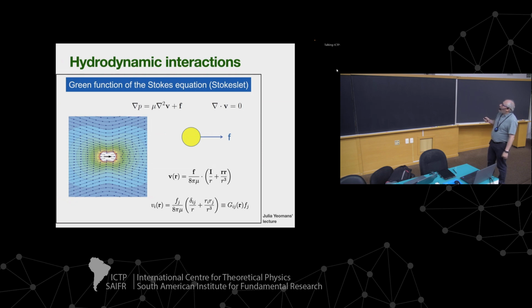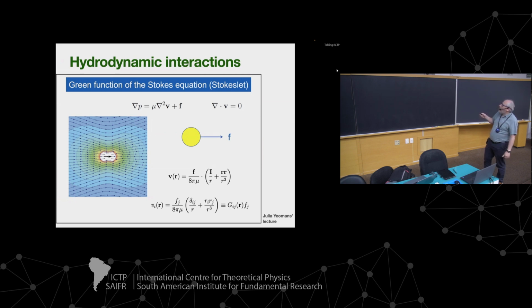If you have a point force acting on just a singular point, then the velocity field takes this form and is proportional to the force, because the Stokes equations are linear. It decays like 1 over distance.